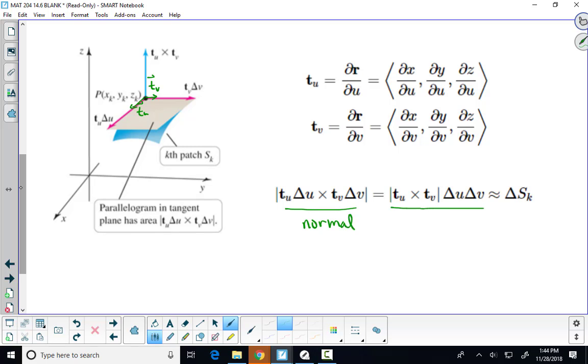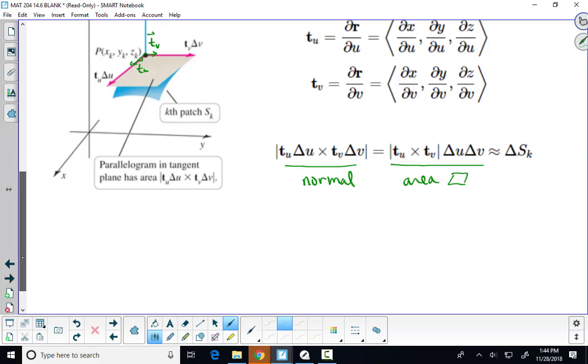The length is the area of the parallelogram, and that parallelogram area is approximating the area of the little patch right below it. As you let the parallelograms get smaller and smaller, the approximation gets better and better to the area of the full surface as we add them all up.